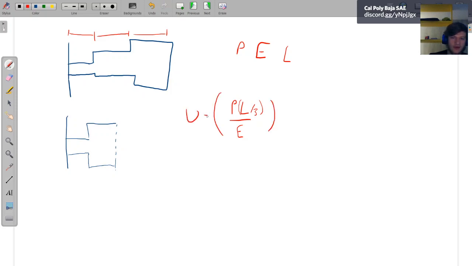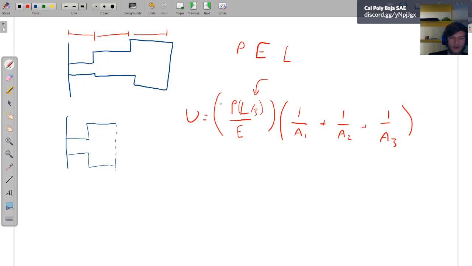So U equals all of our constant terms times 1 over area 1 plus 1 over area 2 plus 1 over area 3. And you can totally pull all these out.